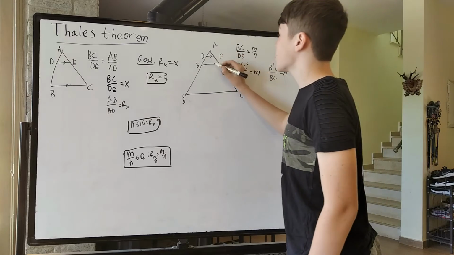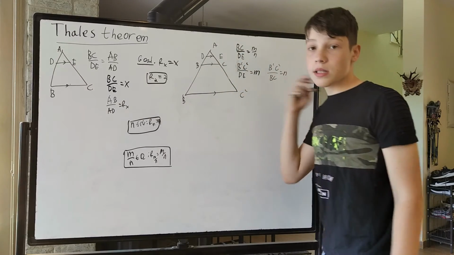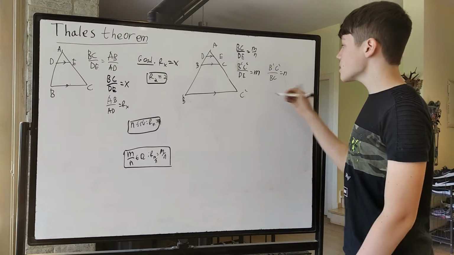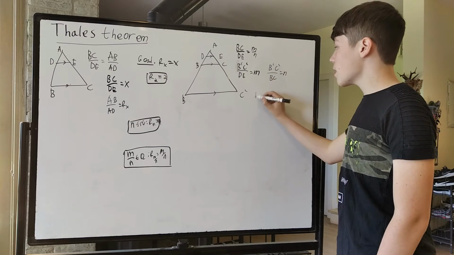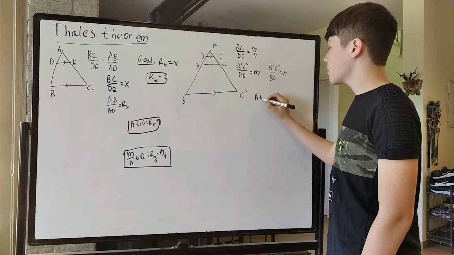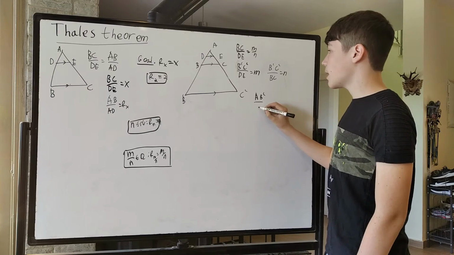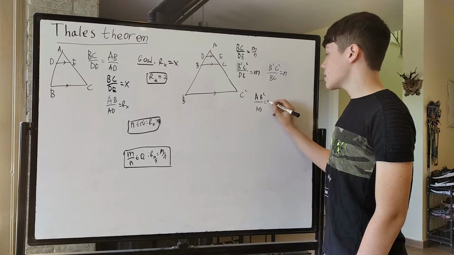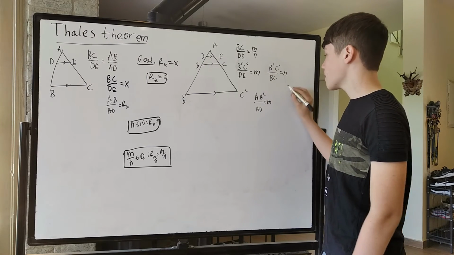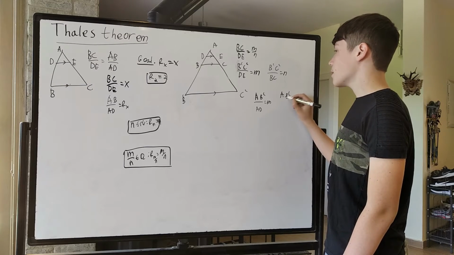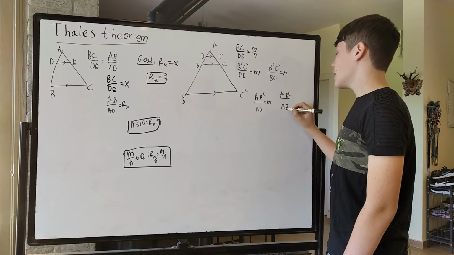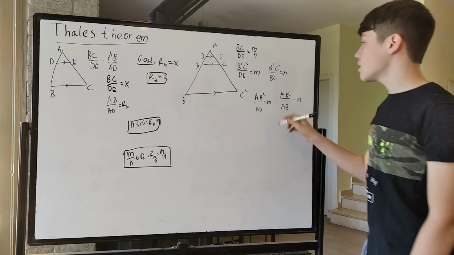And of course, all of these are parallel. And because of what we proved for natural numbers, we know that AB prime divided by AD is equal to n from this, and AB prime divided by AB is equal to n from this.